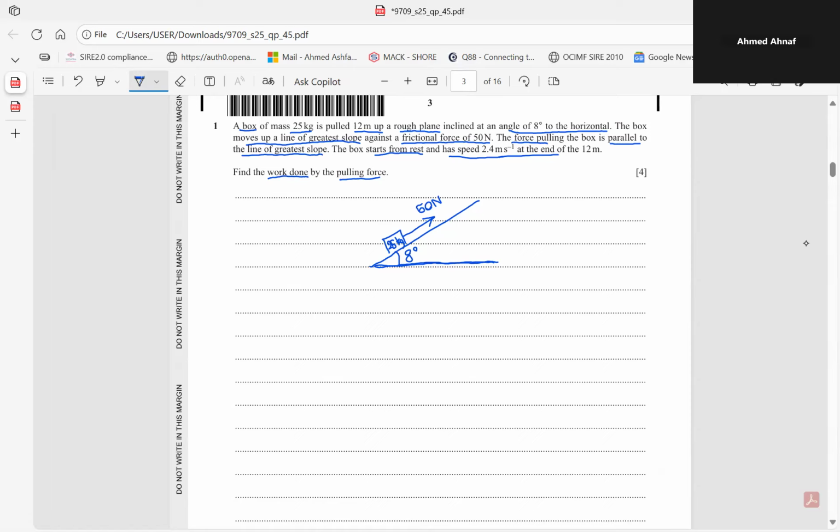Oh, that it moved 12 meters. Anything else? Okay, so from here it started at rest. And then all the way here, it's going at 2.4 meters per second. Okay, I think that's all the information we have.